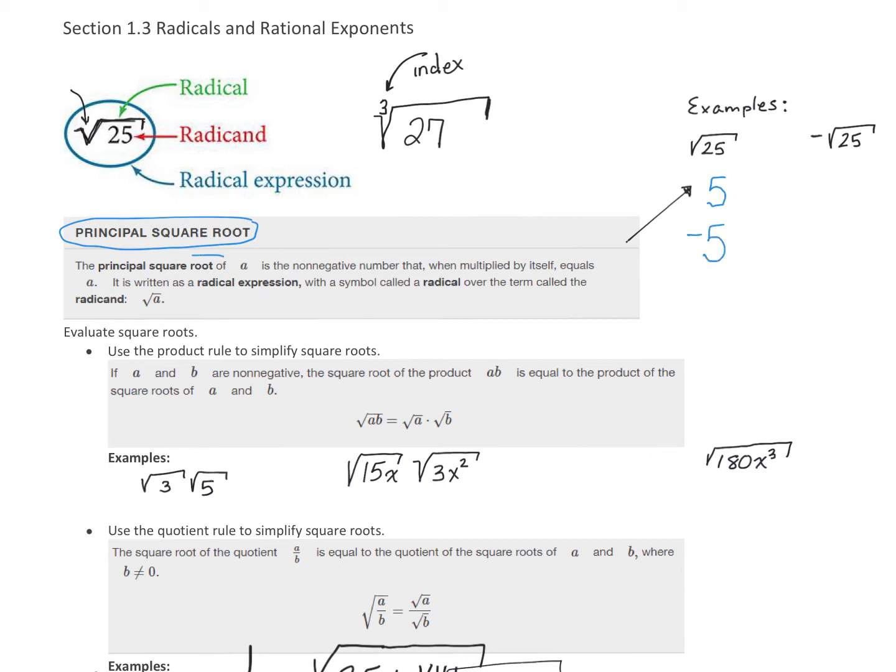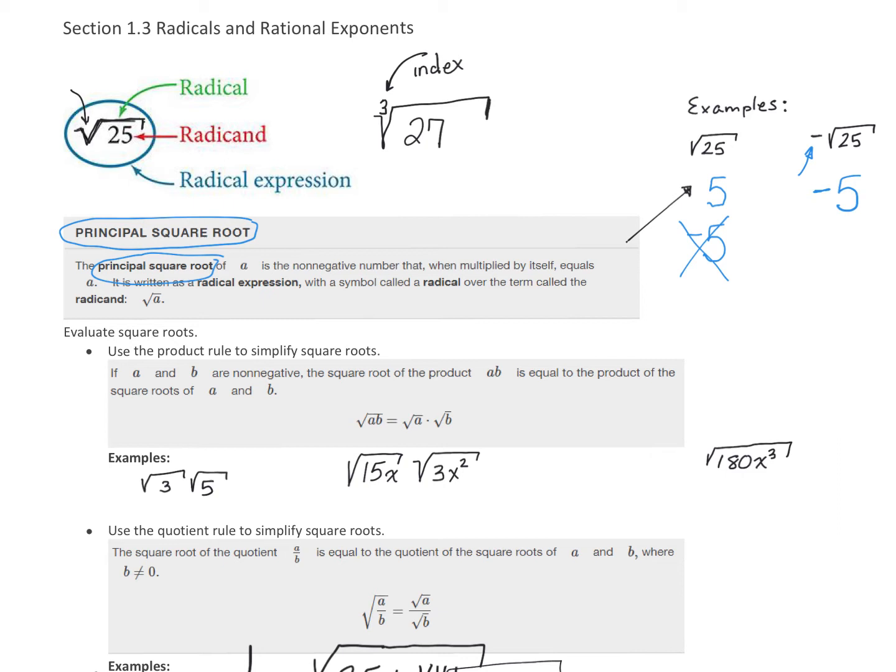But when we're talking about a principal square root, we're saying we don't want the negative unless I put a negative sign in front of the radical. So the negative of the square root of 25 would be negative 5. So if you already have a radical there, and there's no negative sign in front of it, we're talking about the positive or the principal square root.